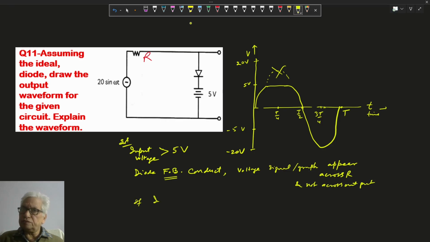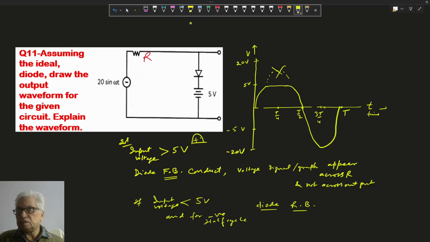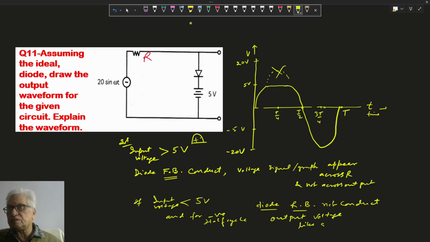If the input voltage is less than 5 volt, and for the negative half cycle, the diode will be reverse biased. It will not conduct, and this is the output voltage as shown in the figure. So this is the voltage across the output, X and Y. We are getting this sort of waveform.